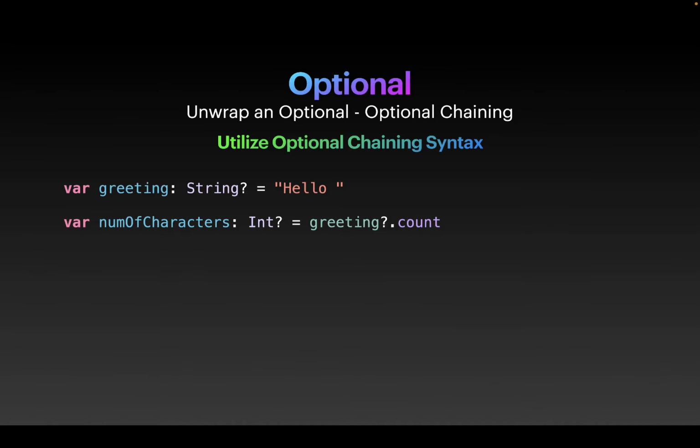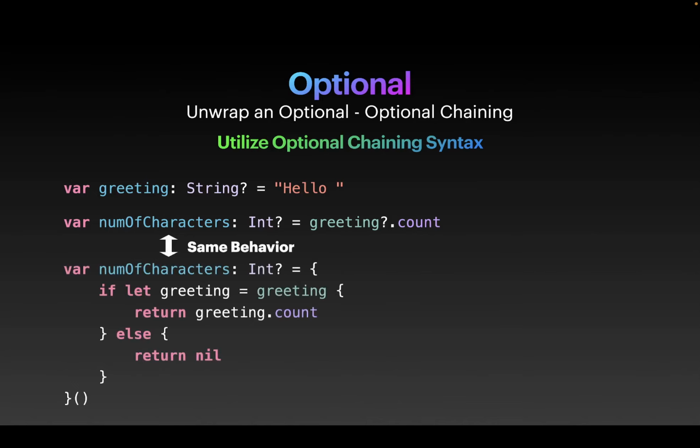In this case, if the greeting has some valid data, you're going to call the count property on the greeting. If not, you just return nil. So if the greeting is nil, it just returns nil. If the greeting is not nil, it has some data inside, you're going to call the count.